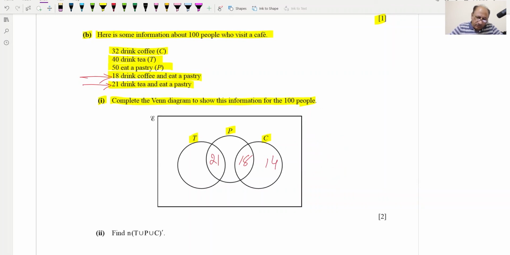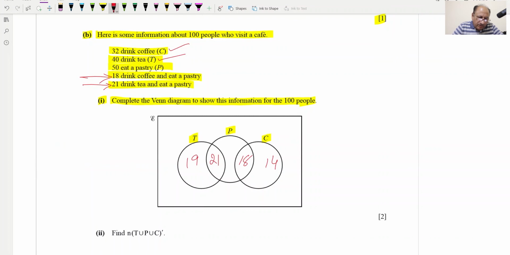Now for 32 basically we have calculated, this one also we have done. Now 40 drink tea. So out of 40, 21 we have already written, so remaining will be 19. 19 will be here, so this is also done.